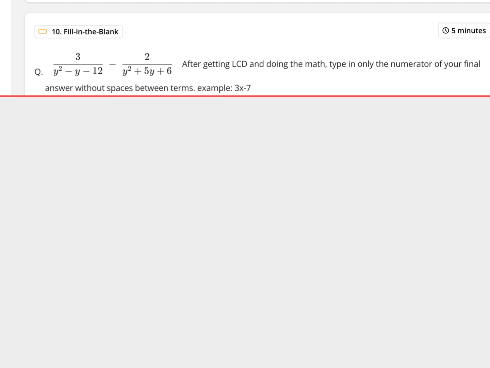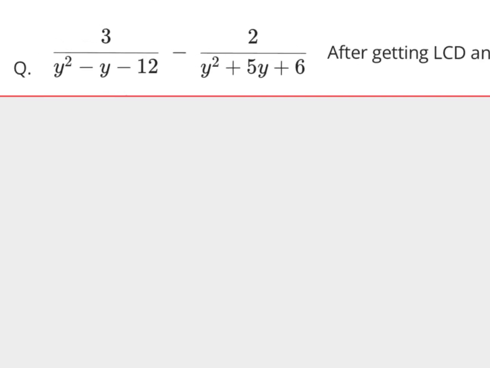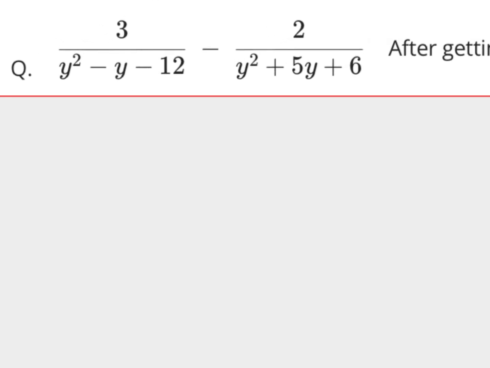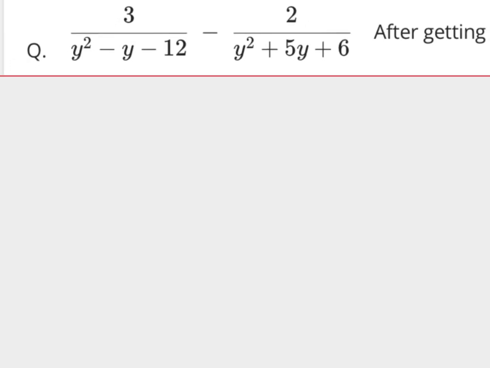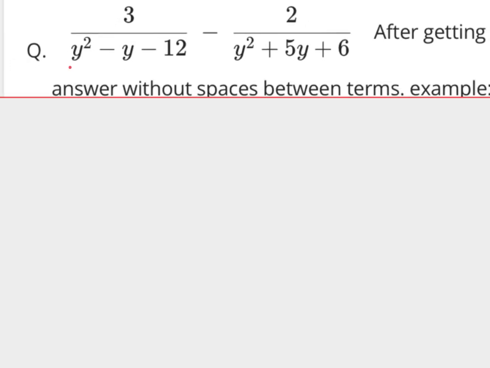In order to subtract two fractions, you need to get an LCD. And in order to do that, you want to factor the denominators. So that first fraction, when I factor it, it's going to become y, and you think what times what is negative 12, that if you add together is a b value of negative 1, that'll be a negative 4 and a positive 3.